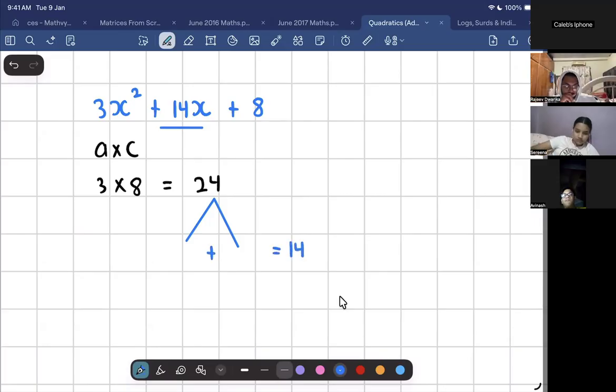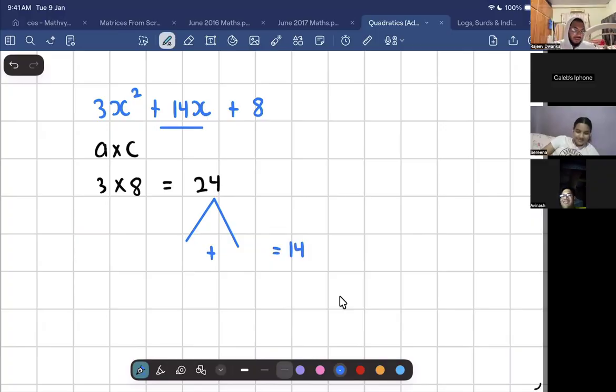I see Caleb raise his hand. Caleb is excited, but I'm gonna give Avinash a chance first. So Caleb, what two numbers could I use to multiply to get 24? 12 and 2.